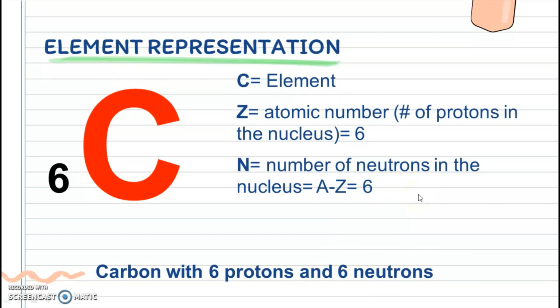So, para makuha natin si mass number, we will add the number of protons and the number of neutrons. So, meron tayong 6 protons plus 6 neutrons is equal to 12. So, basically, ang mass number daw ng ating carbon is 12. So, siya yung ating mass number. So, that is how we write the element representation.